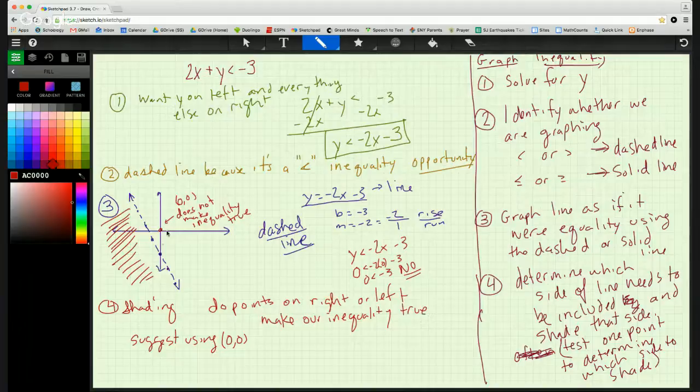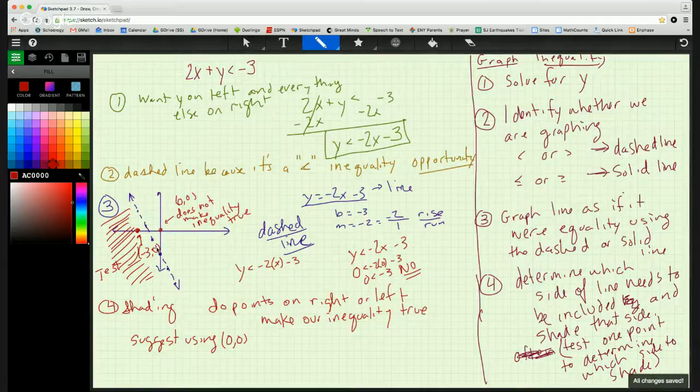We know that we need to shade this side, and then we have our answer. But just for fun, let's make sure that we're not crazy and verify that these points on the left side must work. Let's use this point, negative 3, 0. Y is less than negative 2x minus 3.